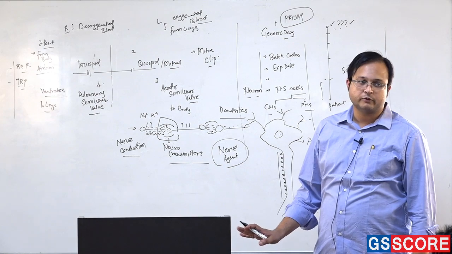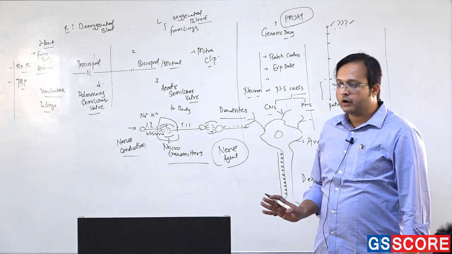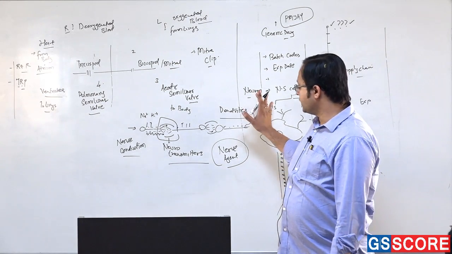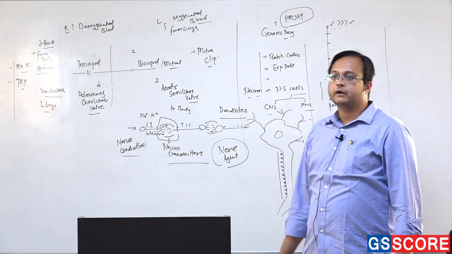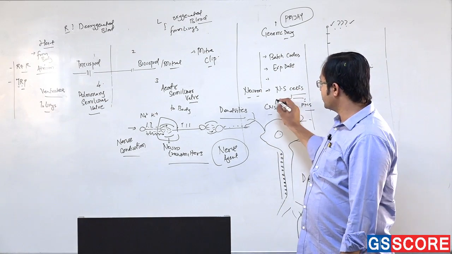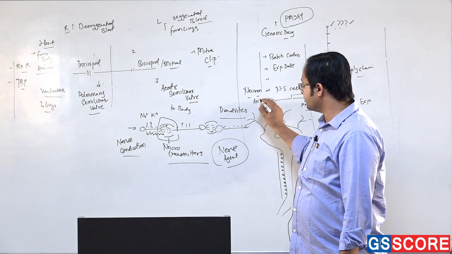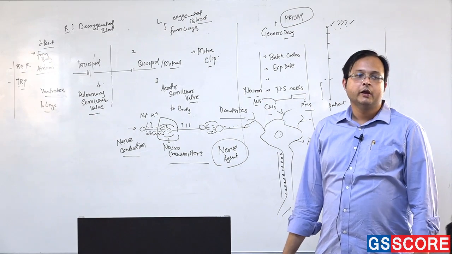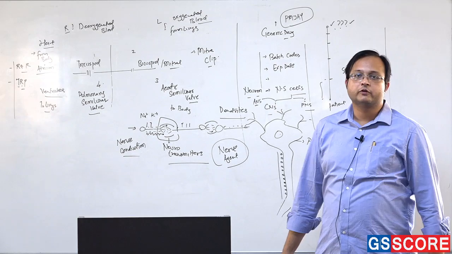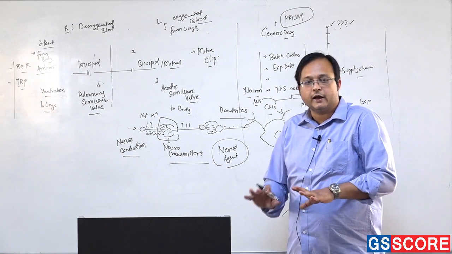There could be two different types of functions. It could be voluntary function, which depends on the central and peripheral nervous system, and involuntary function, which is dependent on the autonomic nervous system, ANS, right? There are many involuntary functions for which we don't have to think and they automatically happen, right?